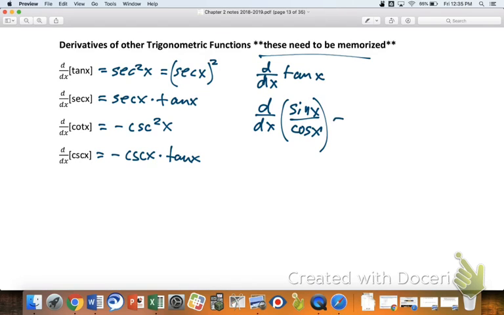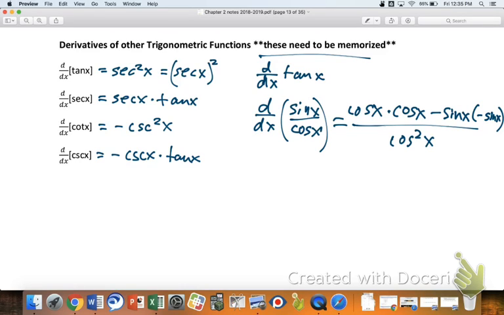So here we go. It's going to be low d high minus high d low, all over the square of what's below. With any of these proofs, right off the bat, it might not look very promising.